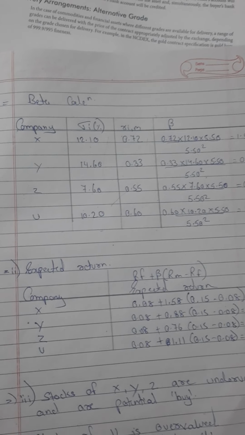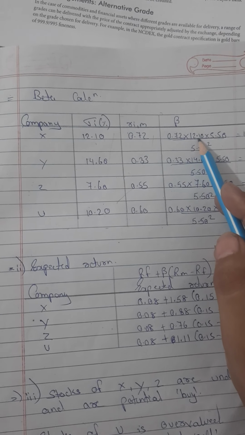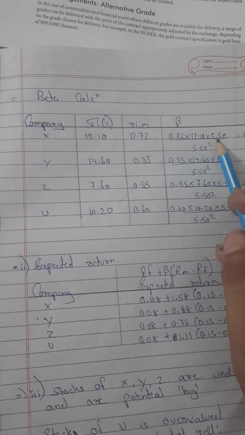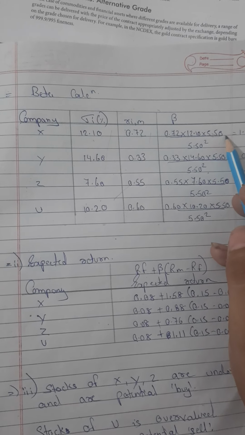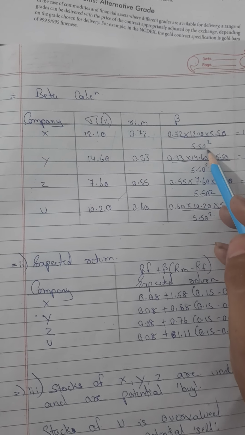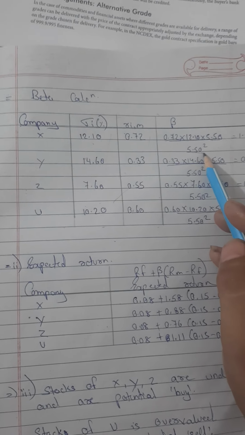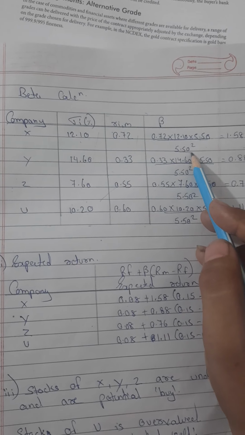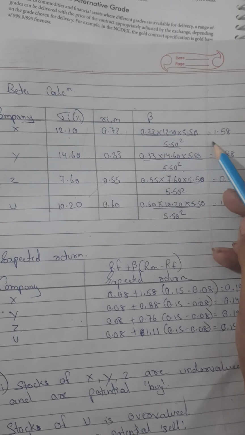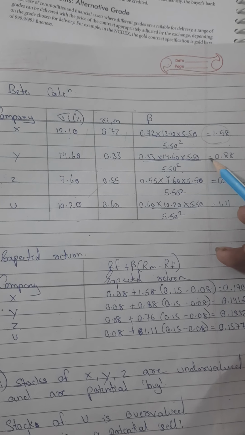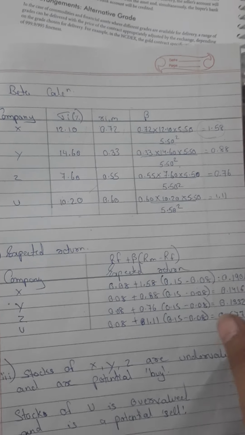Right. Security's standard deviation will be 12.10 and market's standard deviation is 5.50, and we will divide it by square of 5.50, that is standard deviation of market. Hence the answer will be 1.58. That's how we have to calculate these values.